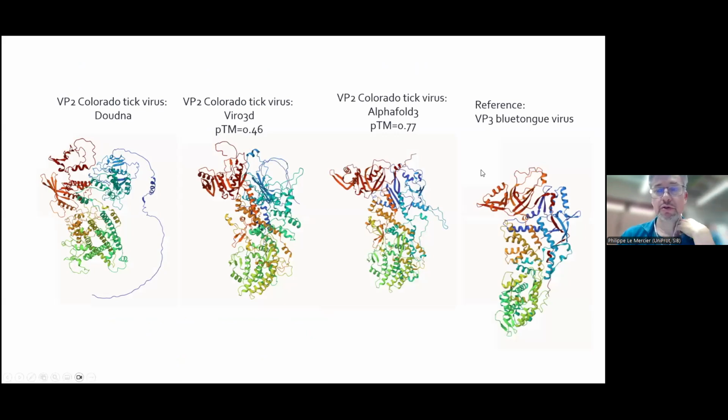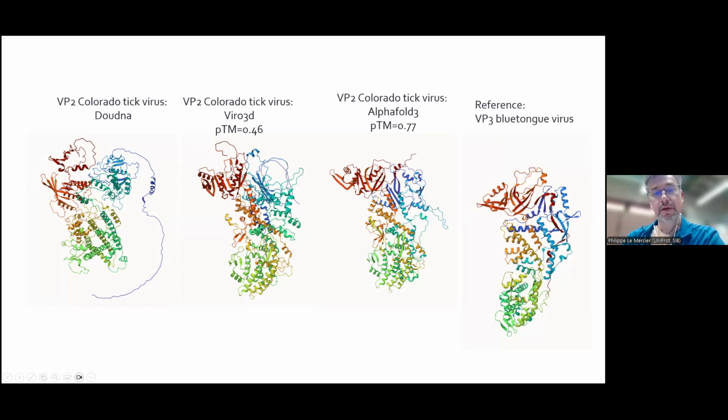So I show you a comparison of this protein in the database made by AlphaFold 2, in the Viro3D also made by AlphaFold 2, and in AlphaFold 3. And this is a Bluetongue virus. This is actually the experimental structure. Okay, so you see that in the first database, the quality is not so high.